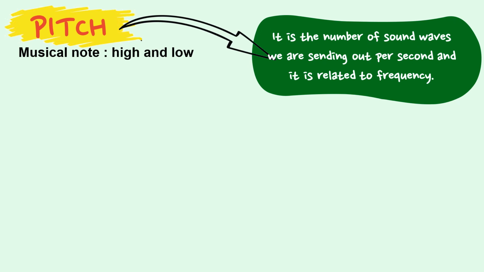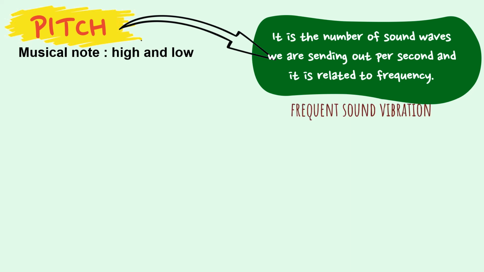So what did you notice in that certain video of Pitch Perfect? Of course, all of the girls or women who are singing have different pitches, right? In music, pitch is considered to be the highness and lowness of sound. It is also referred to as the number of sound waves we are sending out per second, and it is related to frequency.